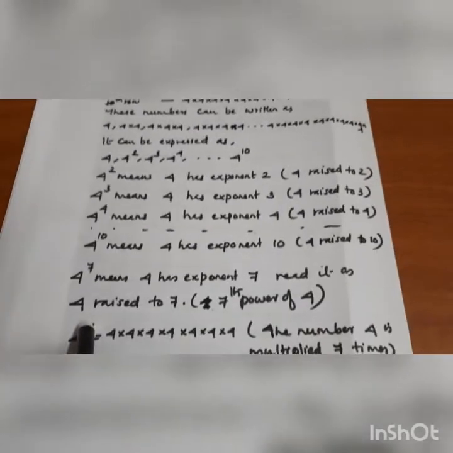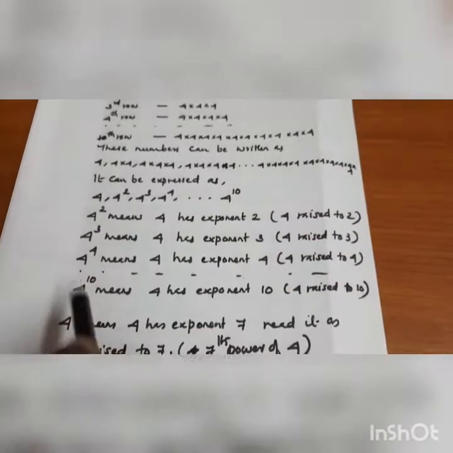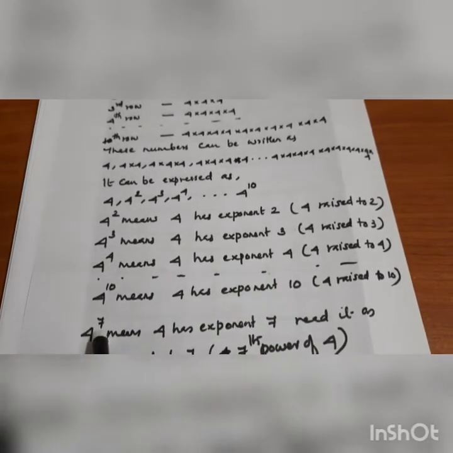Then in the reverse order, if we have 4 raised to 7, that means the number 4 is multiplied 7 times.